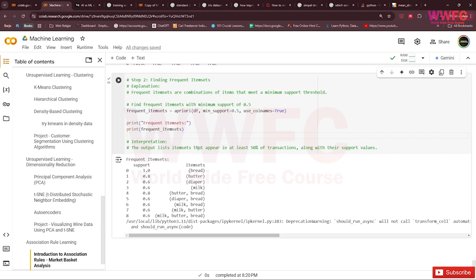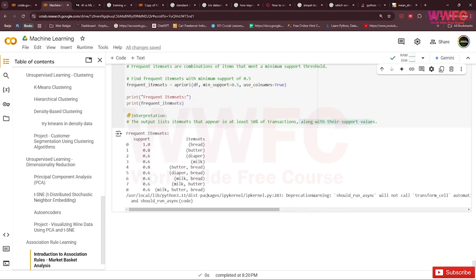The output lists item sets that appear in at least 50% of transactions, because we set a minimum support of 50%, along with their support values. So the items are bread, butter, diaper, milk. People, 80% of them, buy butter and bread, diaper and bread, milk and bread, milk and butter, and milk, butter, and bread. Right. So these are the frequent item sets.